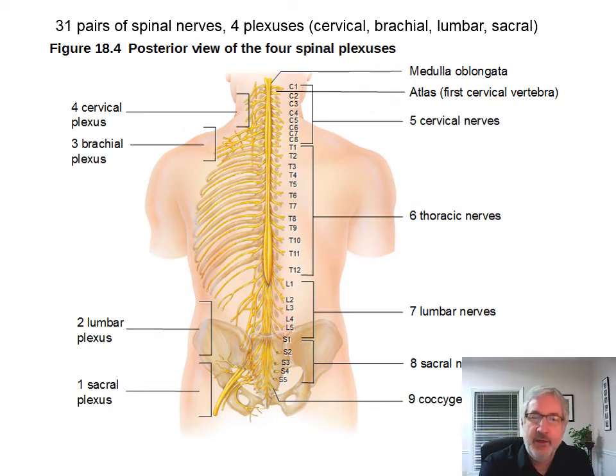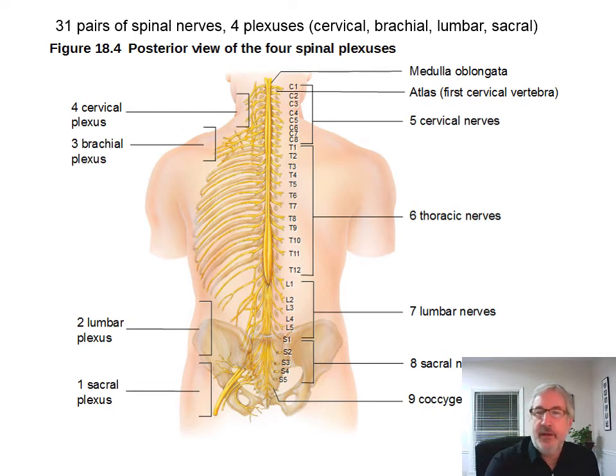In the brachial plexus, you can see this makes a kind of mass, and then in the thoracic region, there's no plexus. Those ventral rami of the spinal nerves just follow the ribs and go all the way around to the front of your body. Lumbar plexus, you can kind of see it in that region, and then the sacral plexus down here at the bottom of the sacral region.